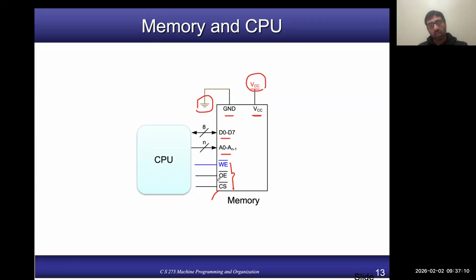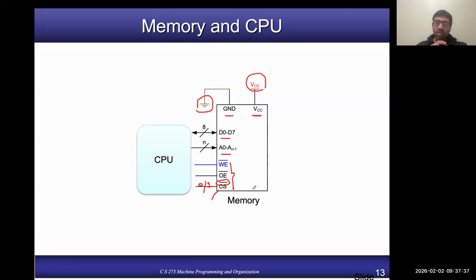What is the meaning of this bar on top of CS? It means that this chip select is active when the signal placed on the line is 0. If the signal placed on the line is 0, then the memory chip is selected. But if the value placed on the line is 1, then the memory chip is disabled, not selected.